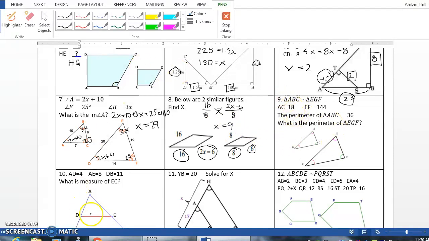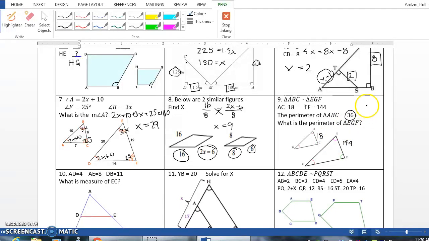Number 9. AC equals 18. EF equals 144. The perimeter of ABC is 36. We need to find the perimeter of EFG. To be able to find the perimeter, all we have to know is the scale factor. How do we get from 18 to 144? And then we can just multiply the perimeter by that scale factor.